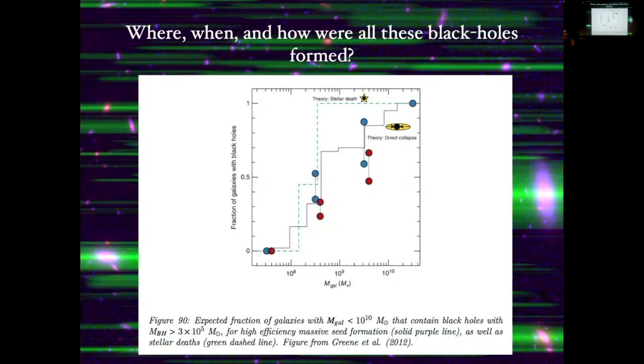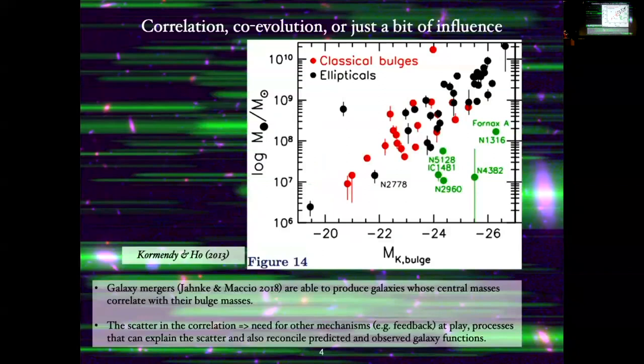I was very happy to hear this morning that this was a puzzle that also kept other people from sleeping. So in order to start answering those questions, one of the things astronomers do is plot x versus y and see a correlation.